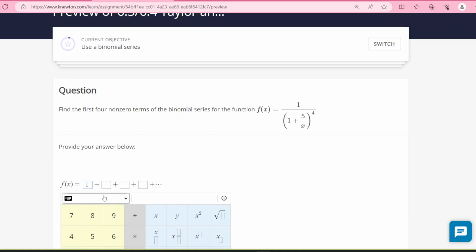So we got 1 plus negative 20 over x plus 250 over x squared plus negative 2500 over x cubed.